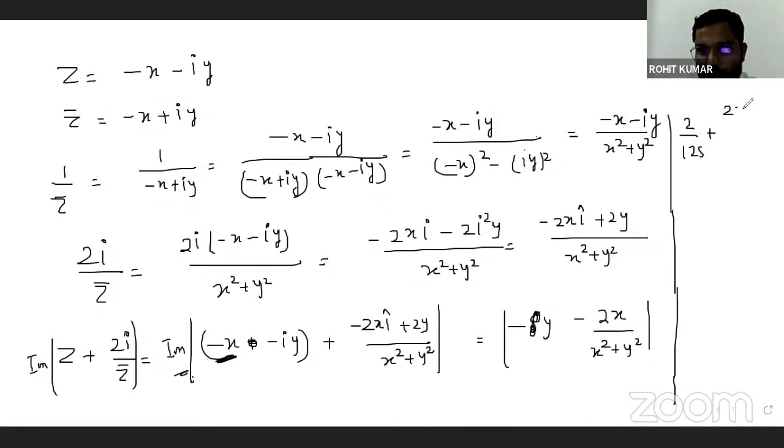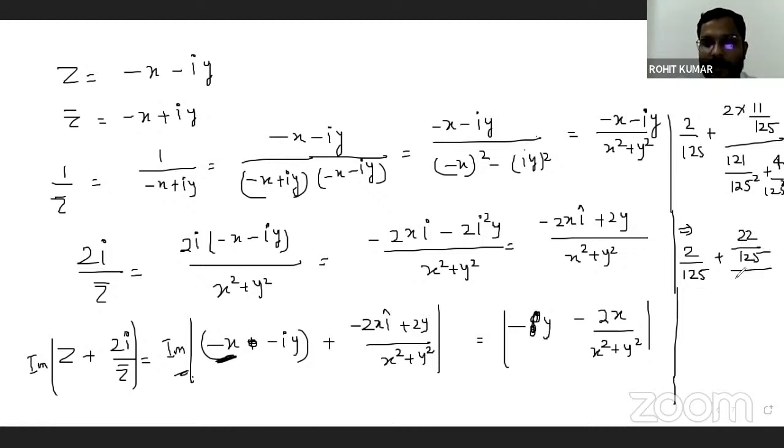Minus minus plus 2 into 11 upon 125 divided by x square, that is 121 upon 125 square, plus 4 upon 125 square. Calculation part, you guys can do it. 22 upon 125 divided by 125 upon 125 square. So one of that will get cancelled. So 2 plus 22 into 125 divided by 125. This will be the value. Multiply and get the answer.